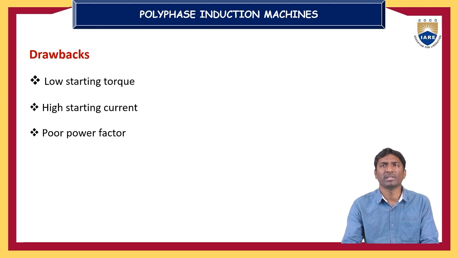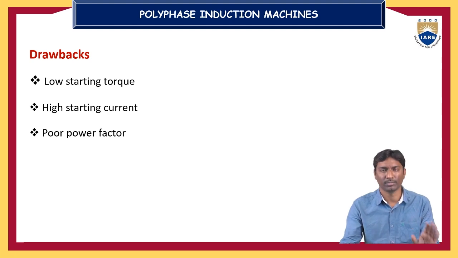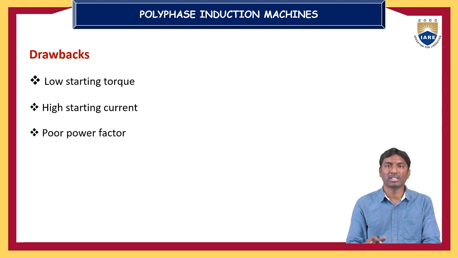And some drawbacks will be there, due to the end rings, which play the main role here. By using the end rings, to facilitate the closed path in the rotor circuit, either side of the rotor bars will be short circuited.